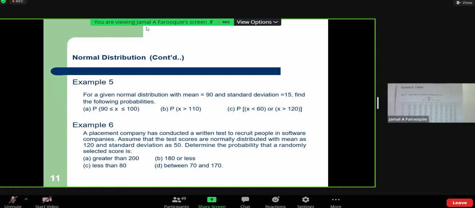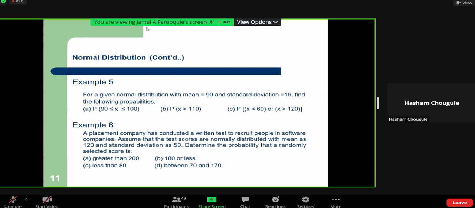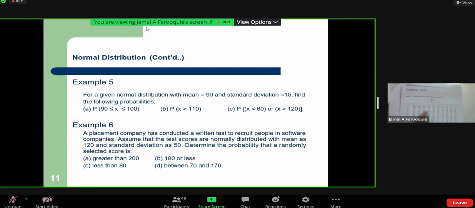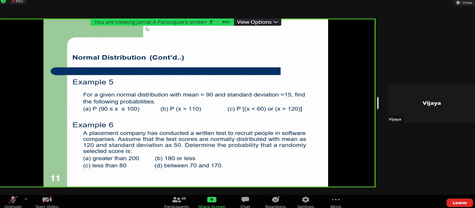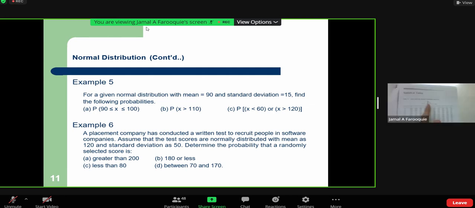Is your table like this or different? Yes, sir, same. My table reads all values from z equals 0 onward, all positive values, and it is demonstrated here. If your table is also similar, then it's easy to explain; otherwise you may have a different format.